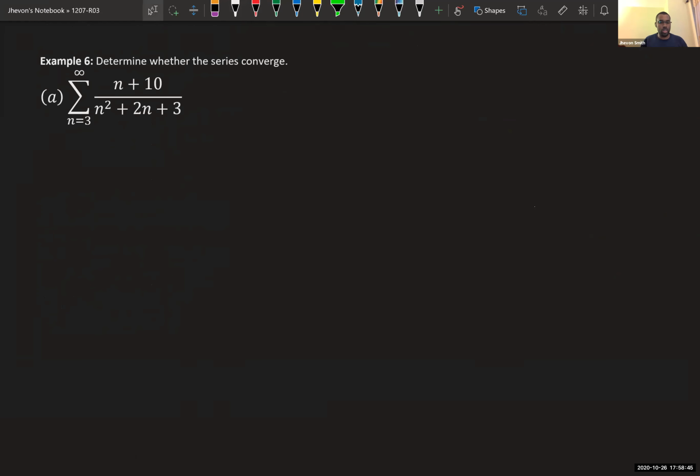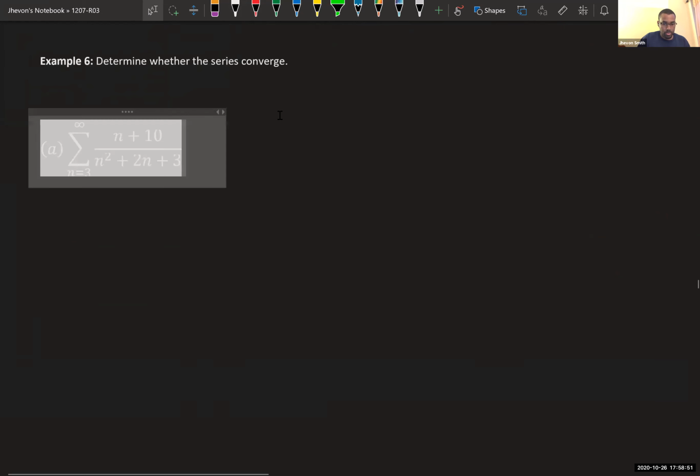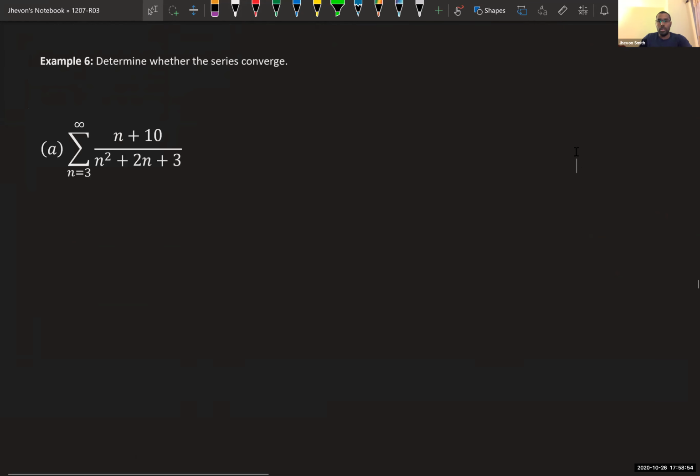Let's determine whether or not this series converges. And I think you guys have all the notes for this section already, so you don't have to copy anything down. Let's actually just jump into it. So remember when we wanted to look at these guys and want to do comparison, what is the thing that we look at first? The powers.